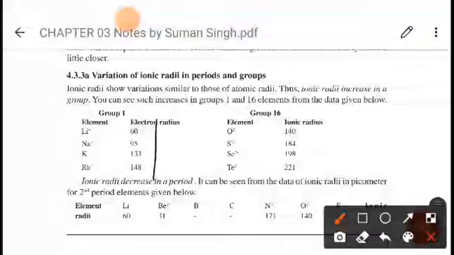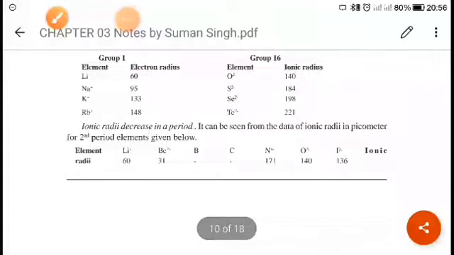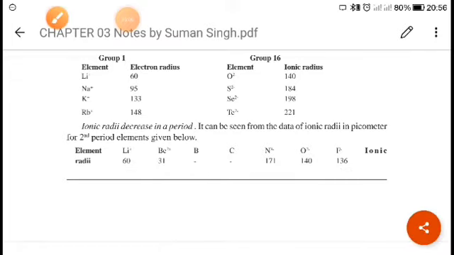Here also it is increasing, okay. Then if you talk about the period, ionic radius will decrease in the period. As you can see here, ionic radius is decreasing across the period, right? So I hope you have got some idea about this.